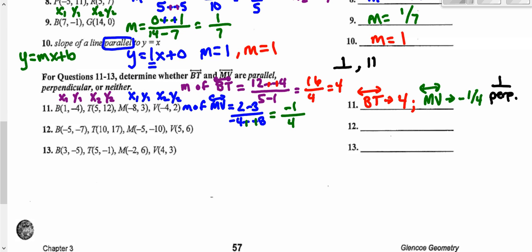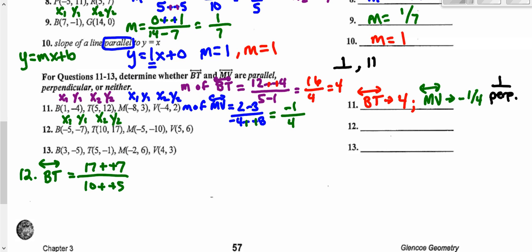All right, let's take a look at number 12. Now I'm going to go ahead and bring number 12 down here. So here's my x1 and y1, x2 and y2. So we have the slope of BT again. We'll have 17 minus negative 7 and 10 minus negative 5.